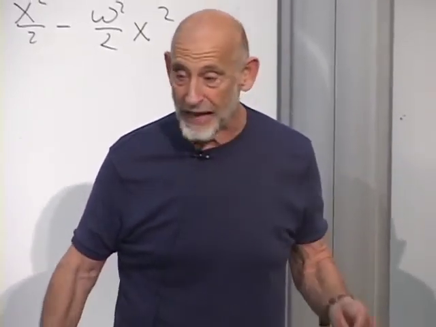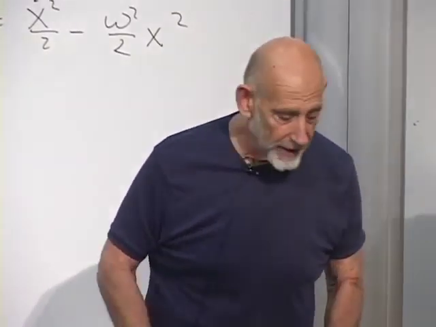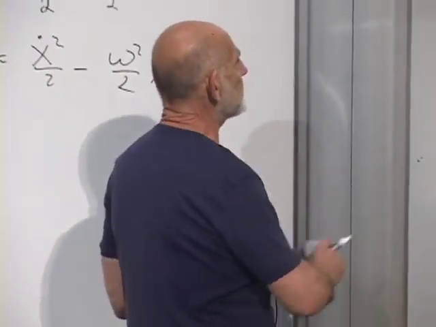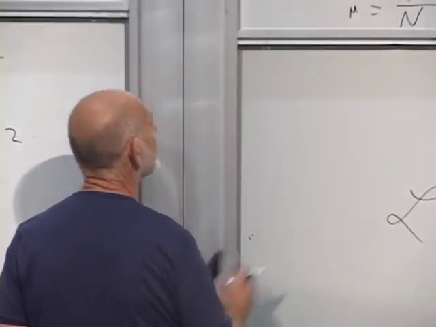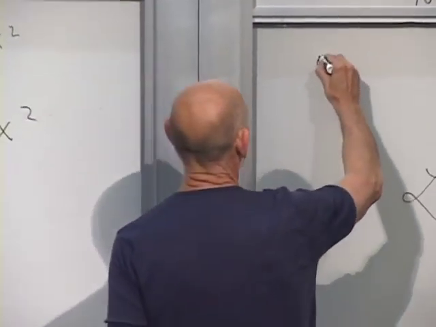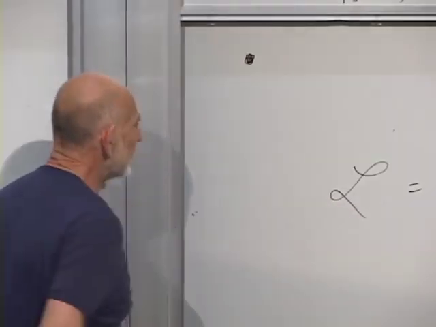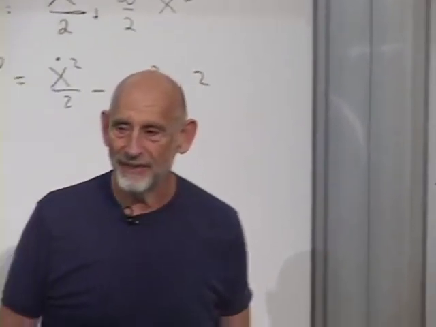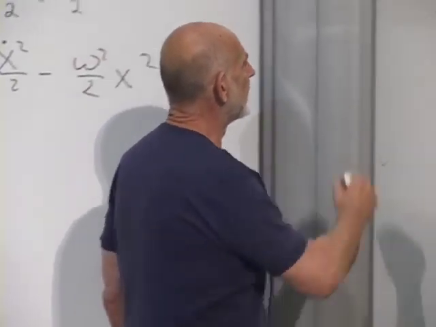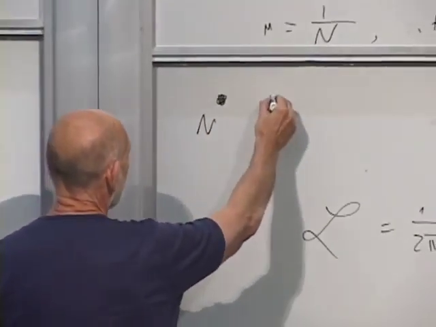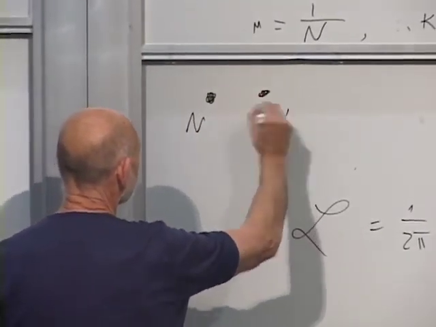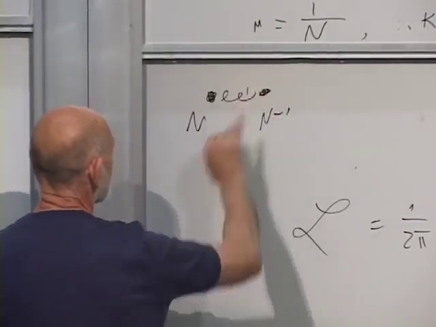Those are the mass points at the end of the string. Okay? So let's concentrate on the mass points at the end of the string. And then here's the last point on the string, the ultimate point on the string, that's n, and here's the penultimate point, n minus 1.